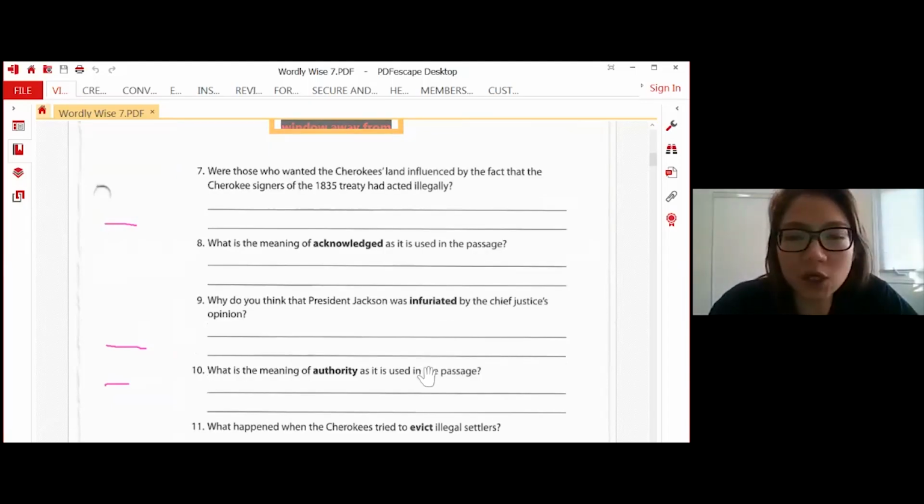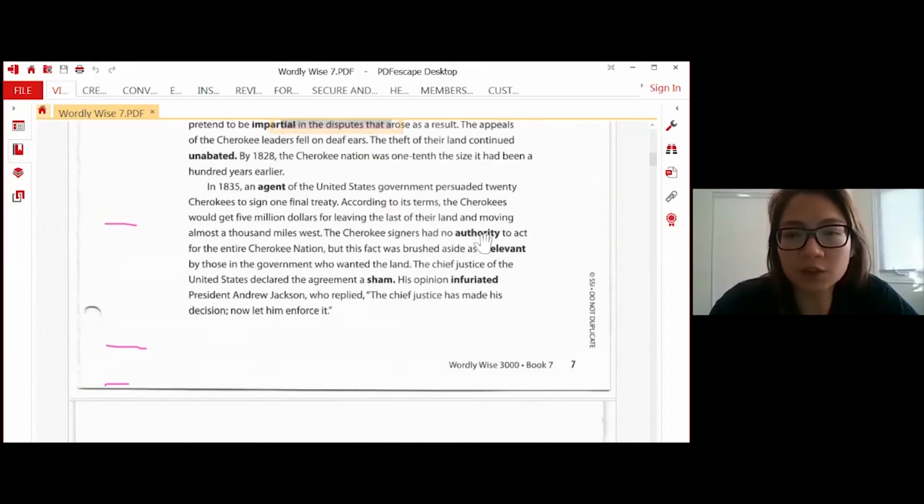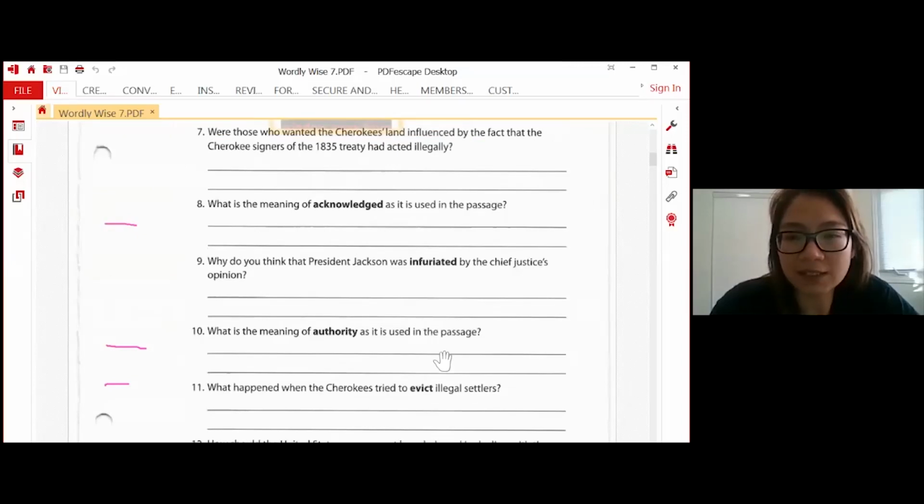What is the meaning of authority as it is used in the passage? What's the meaning of authority? Nathan?